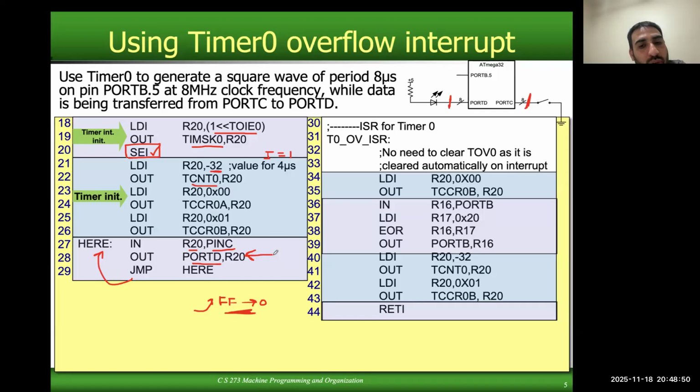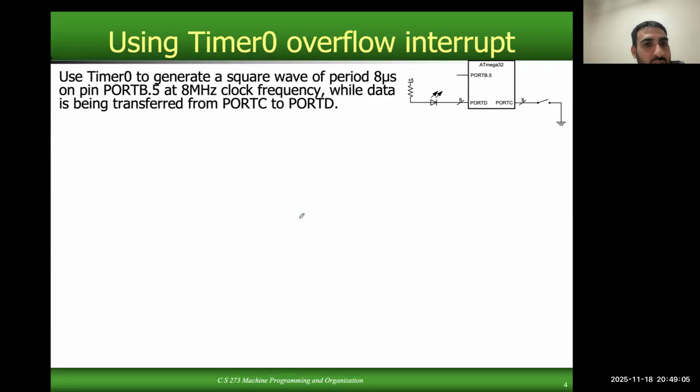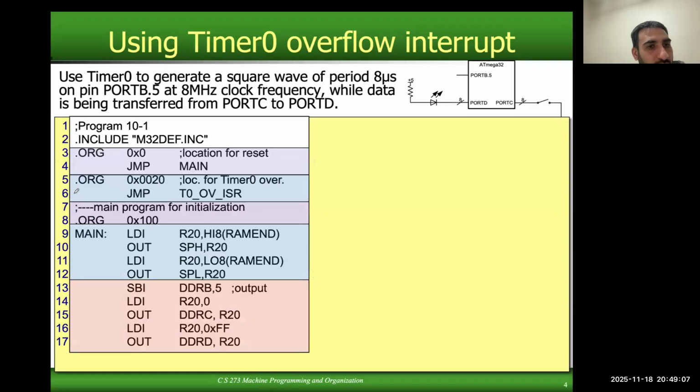So your microcontroller will complete the execution of this instruction, but after that it will not go to the next instruction. The next instruction that the microcontroller will execute will be this one. The microcontroller will jump to this location, 0x0020, and whatever instruction is stored at this address will be executed.